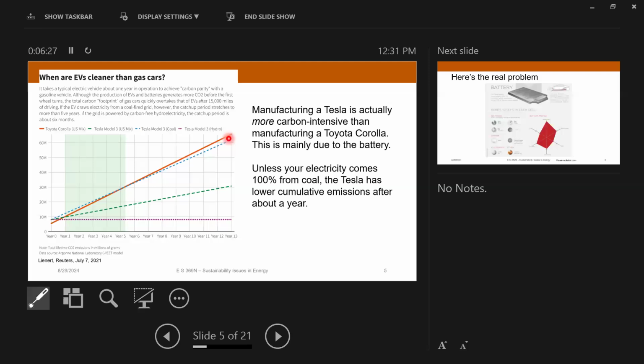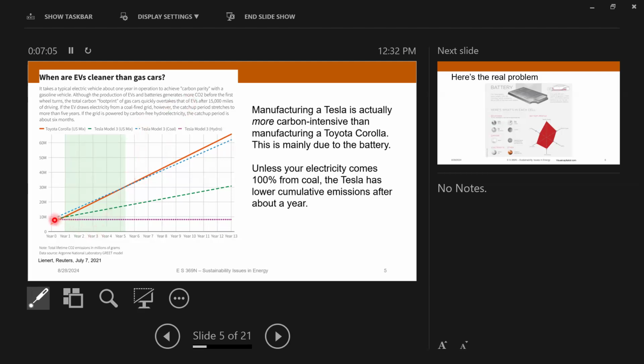So if you can get by with less charging, then even with the coal-fueled Tesla, that number would come down a little bit. Also the deterioration of the battery, yeah, that's not considered here. As the efficiency of the battery goes down, you'll have to be charging more frequently, and so yeah, you'd have upward curvature in that case.